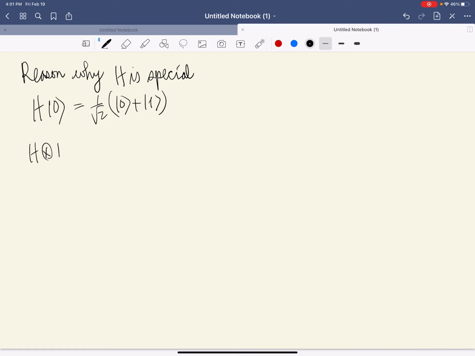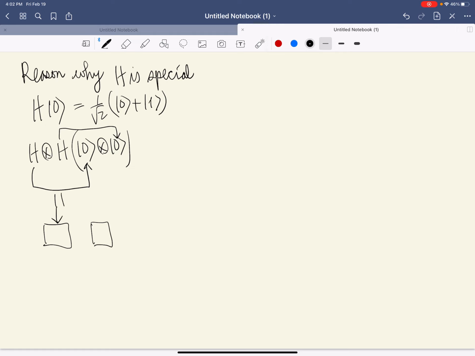But when you do the Hadamard on a 2-qubit product state like that, the first Hadamard acts on the first qubit and the second Hadamard acts on the second qubit. Schematically that means you hit this first qubit with some Hadamard operation, and the second qubit also gets hit by the same Hadamard operation.